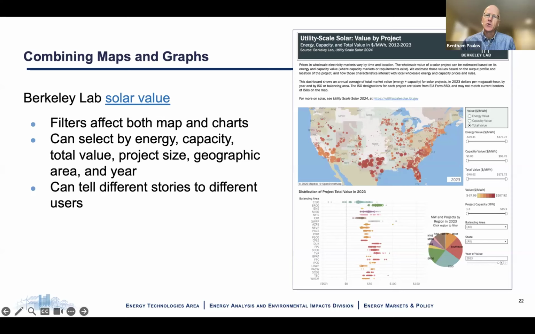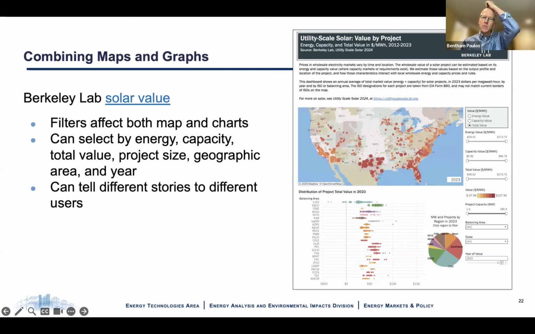The bubble chart shows the range of values within each region. The size of the bubbles indicates the size of the project, although they're highly compressed because I thought the size was not as important. And then the pie chart shows the allocation of megawatts and projects by region.